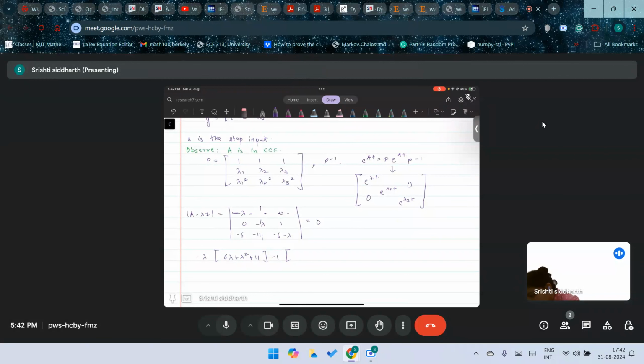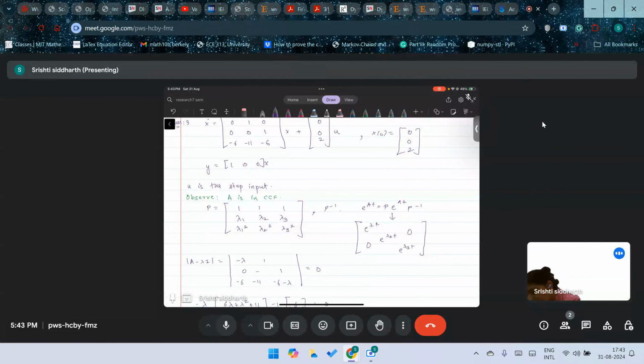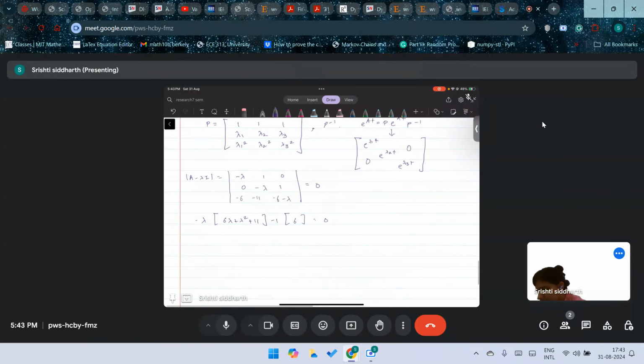So this goes away. We have plus 6. Let me write this one again. 1, 0 and minus lambda. So this becomes lambda cube minus 6 lambda square minus 11 lambda minus 6 equals 0.